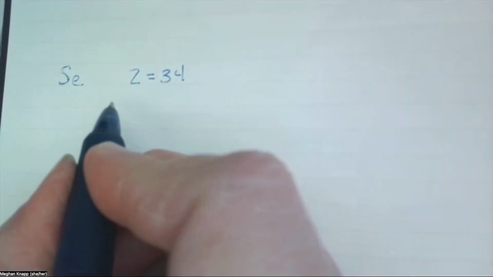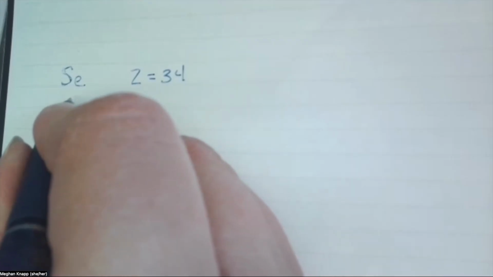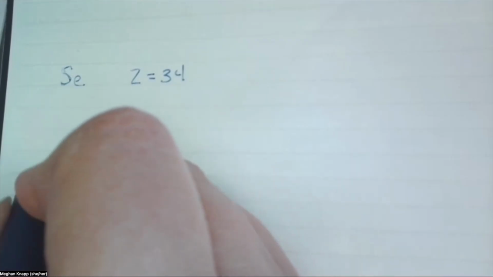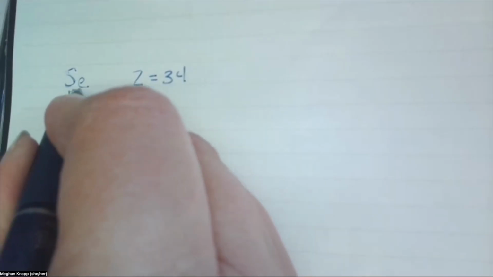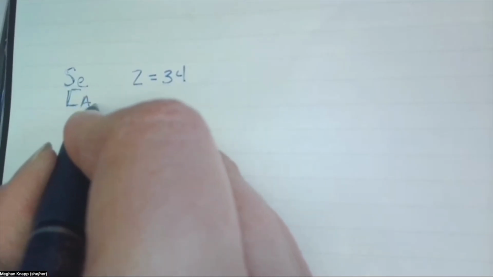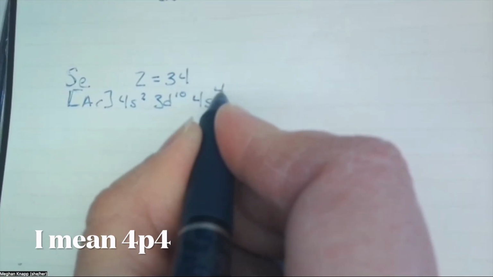Okay, so our rules say that we are going to look at all of the energy levels from level 1 to n minus 1. So let's see what the configuration is. It's going to be argon, 4s2, 3d10, 4p4.